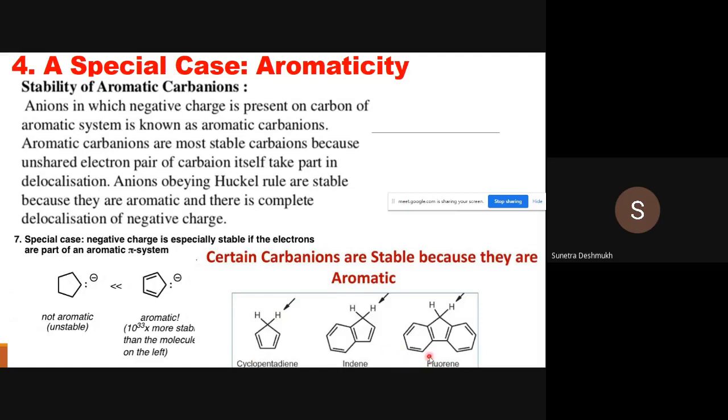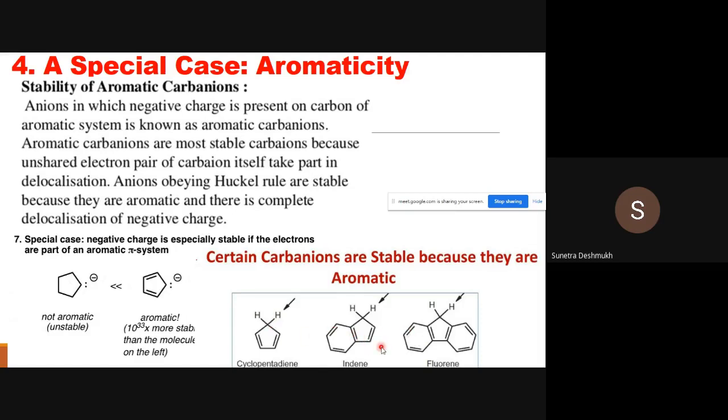The next analog of this aromatic component is fluorene. Fluorene again has extended conjugation, and this extended conjugation imparts stability to the carbanion we generate here. Pay attention: only once we generate the carbanion can we say that this compound becomes aromatic.